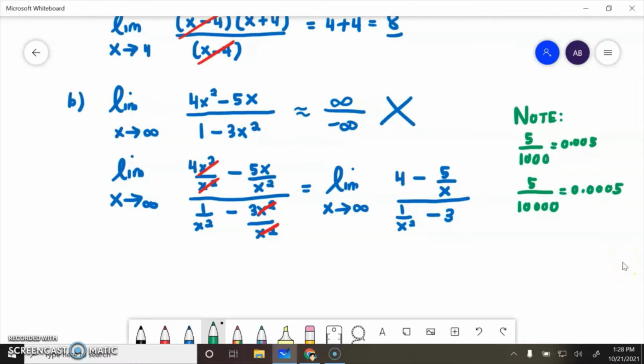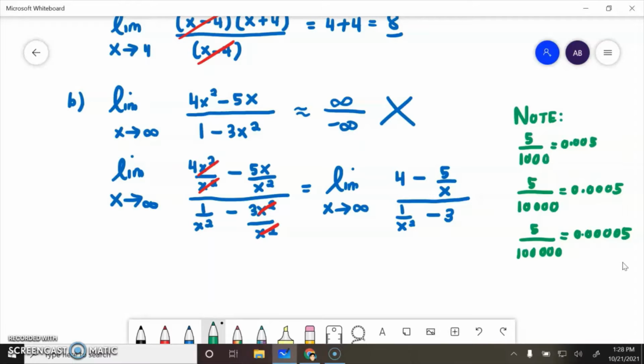And then what happens when you divide by 100,000? You get the idea. What do you see? It's approaching 0, right? As your denominator is getting larger and larger, the result approaches 0.